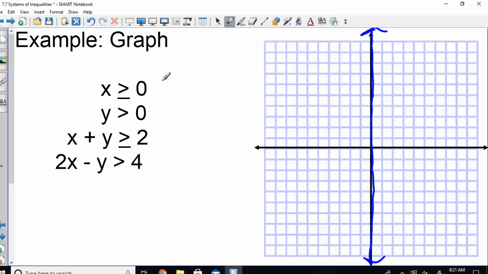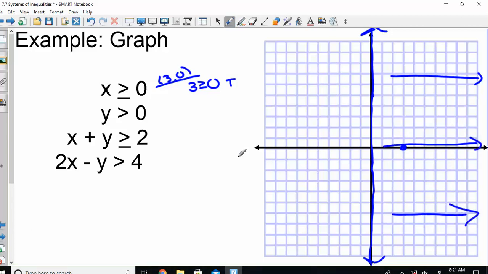Greater than would take me which way? This way. If you wanted to plug in a point, you would have to do like 3, 0, and if you do 3 is greater than or equal to 0, that does work. So we're shading this way. Don't do too much scribbling on your graph quite yet because we have a lot of stuff to put on here. So I know I'm shading, basically I'm only looking at everything to the right of that.